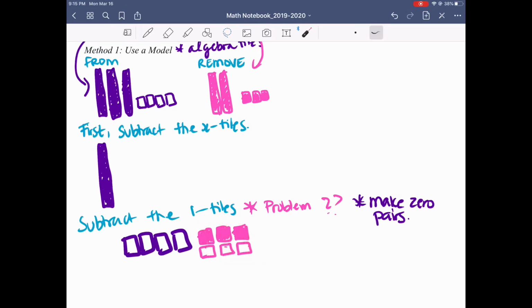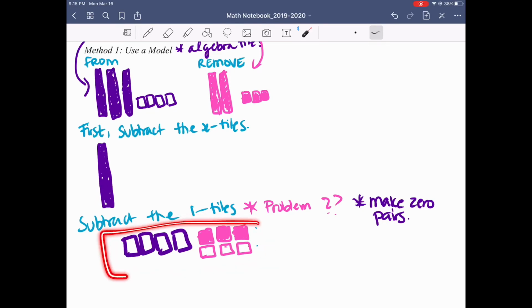They cancel out. So what's the point? If it's -4 both ways, what's the point of adding them in? Well, now that we've added them in, we have something that we can use. Because we added in these 0 pairs, we can actually now do the subtraction. We can now remove 3 positive 1 tiles from this because they exist.